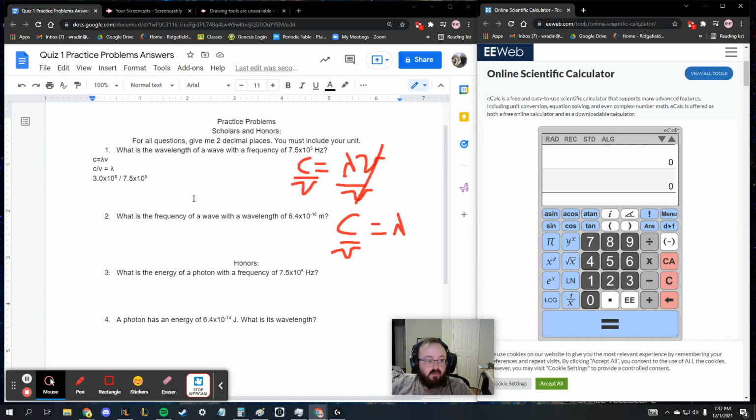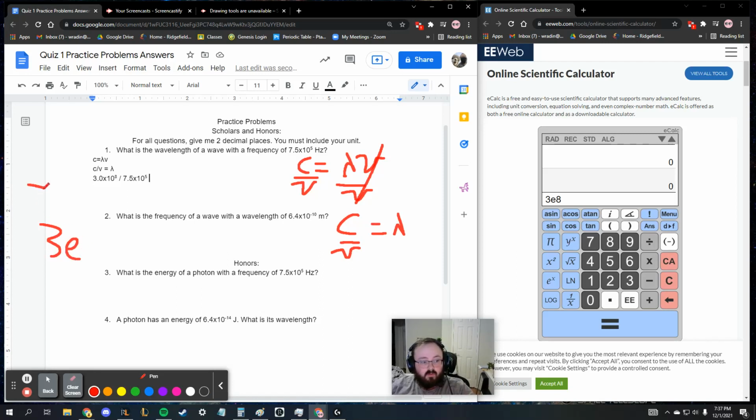So, first and foremost, we take 3E8. This E8, I'm going to write this here as well. 3E, or on the other calculator, it'll be 3E, capital E. This is equivalent to 3 times 10 to the 8th. These are the same thing.